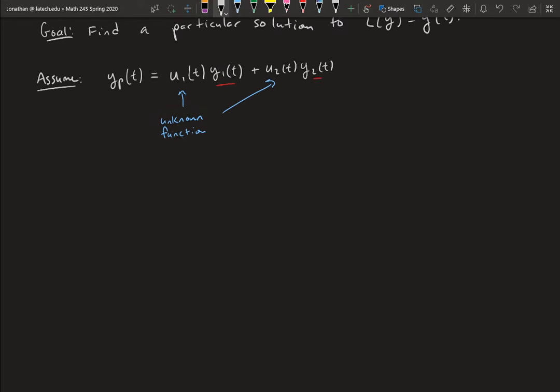We will derive, or find, the functions u1 of t and u2 of t.